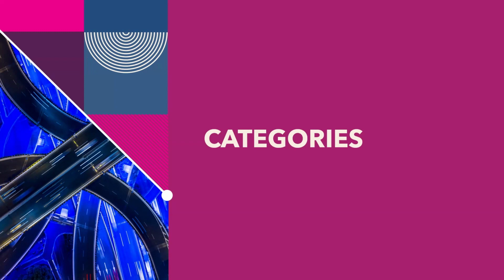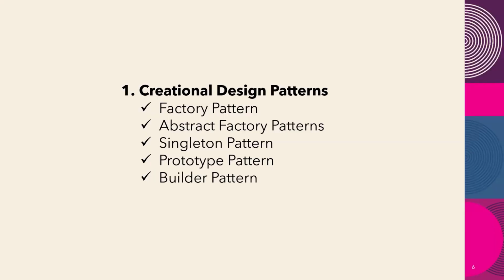That kind of pattern is called creational design patterns. So the first category is called creational design patterns. Usually these patterns focus on the creation of objects, so they help you to create objects.